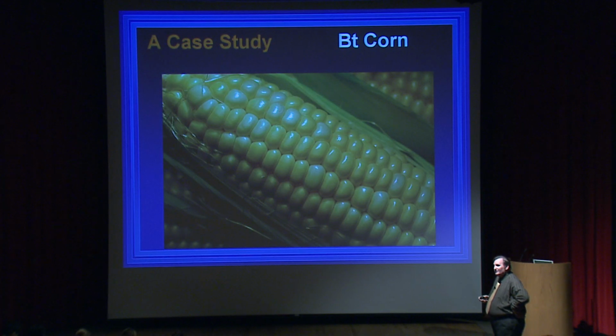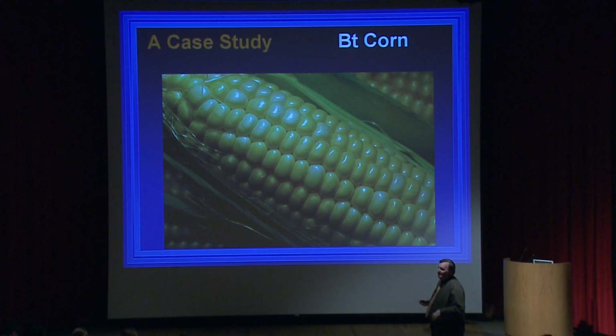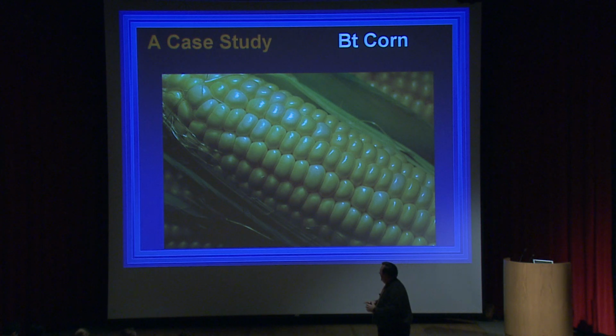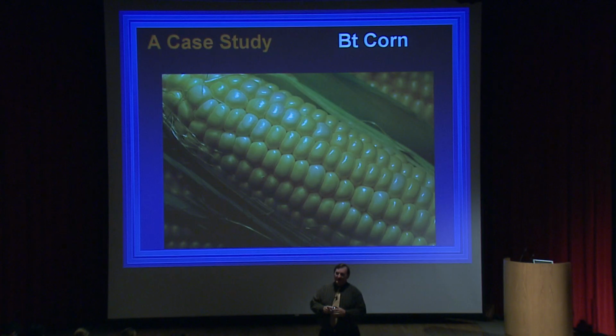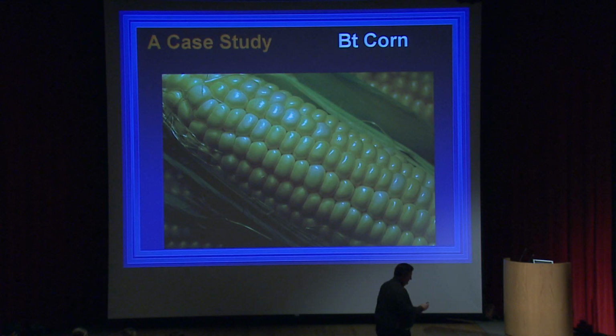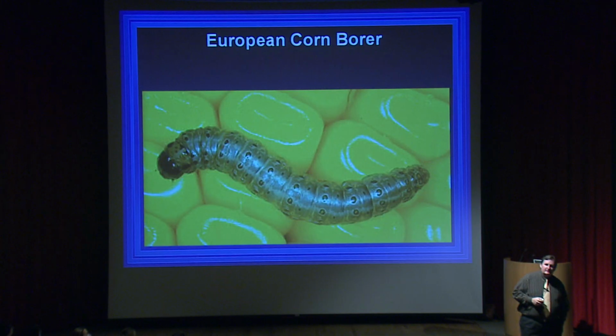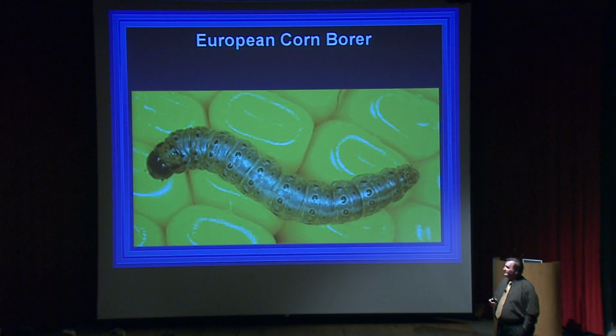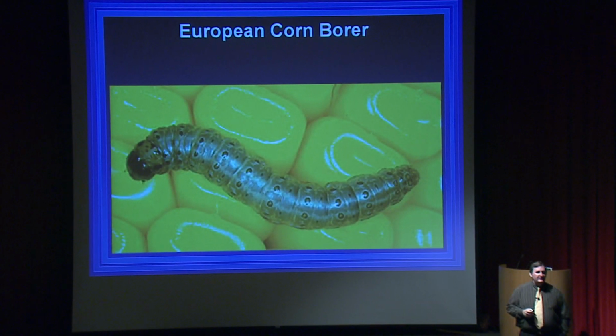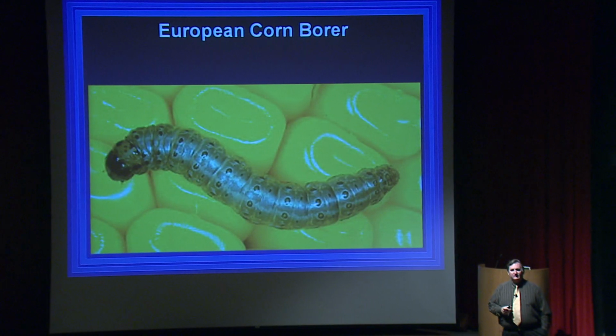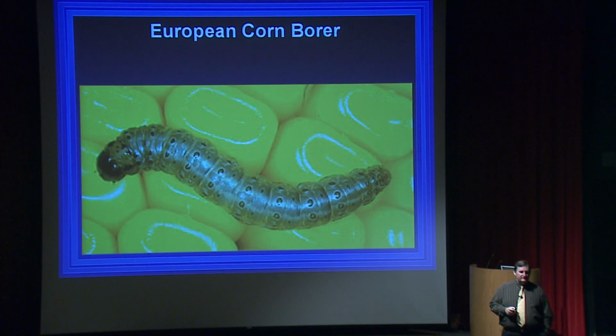So when we talk about genetically modified foods, we talked about golden rice before, and let's talk about BT corn, because this is something that's closer to home. BT corn is a very prominent and highly controversial genetically modified food. It was developed to resist this particular insect that devours the corn and poses a great threat to the corn farmer's existence.